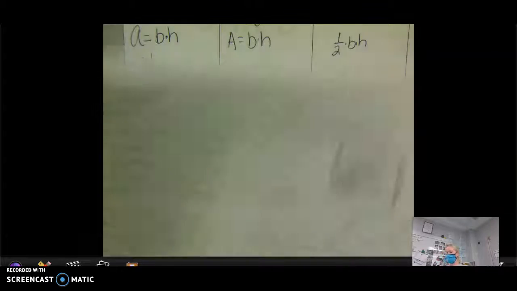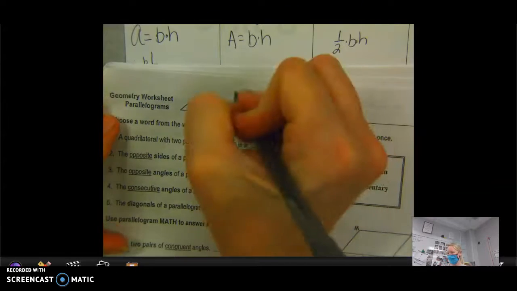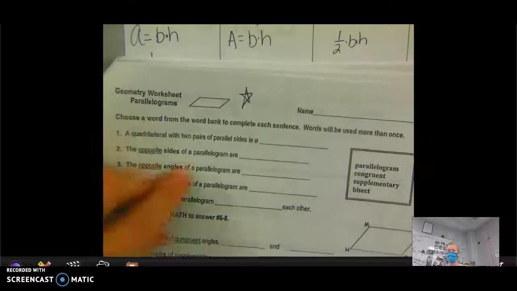And this worksheet, the one that says Geometry Worksheet Parallelograms, front and back.